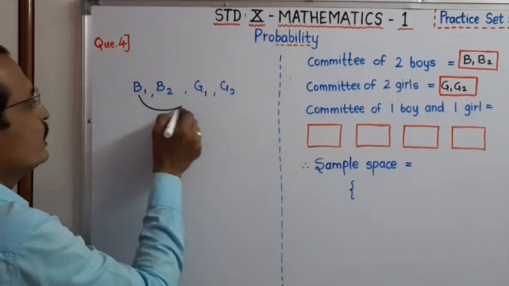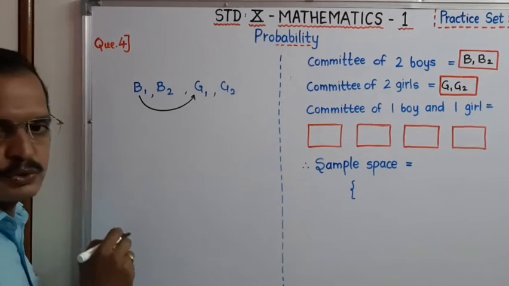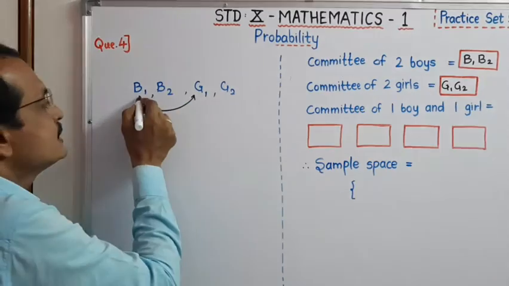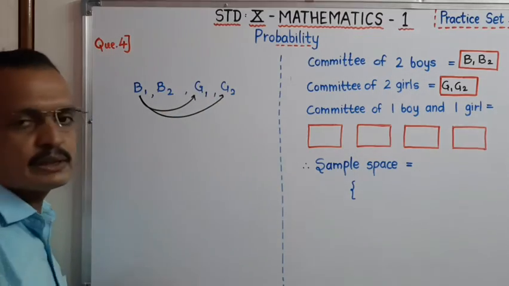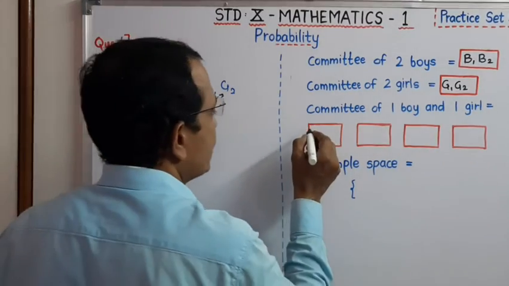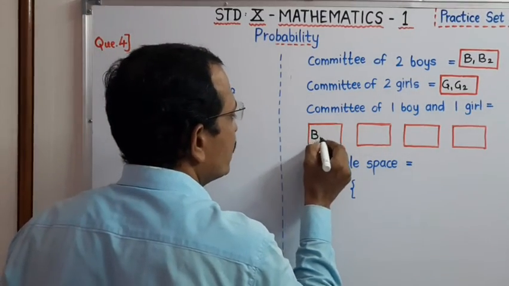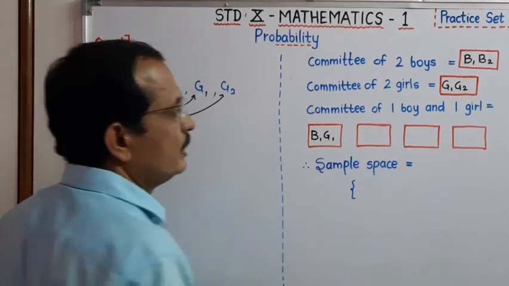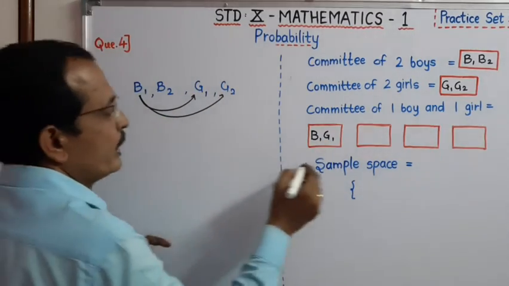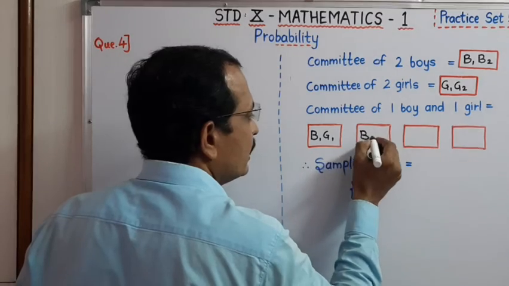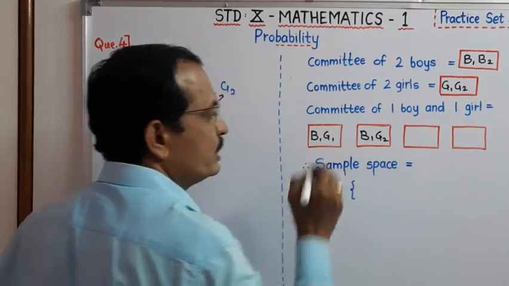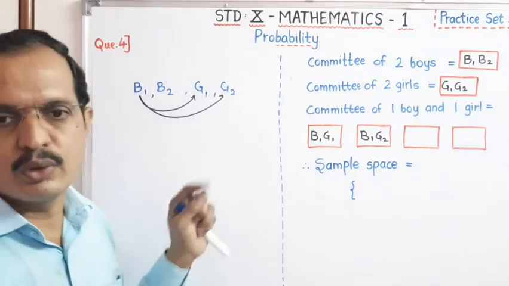For that purpose, what do we have to take? This B1 with G1 will be the first committee, and this B1 with G2 is the second committee. Therefore, we can write here B1 and G1, then B1 and G2. This is the committee of 1 boy and 1 girl.